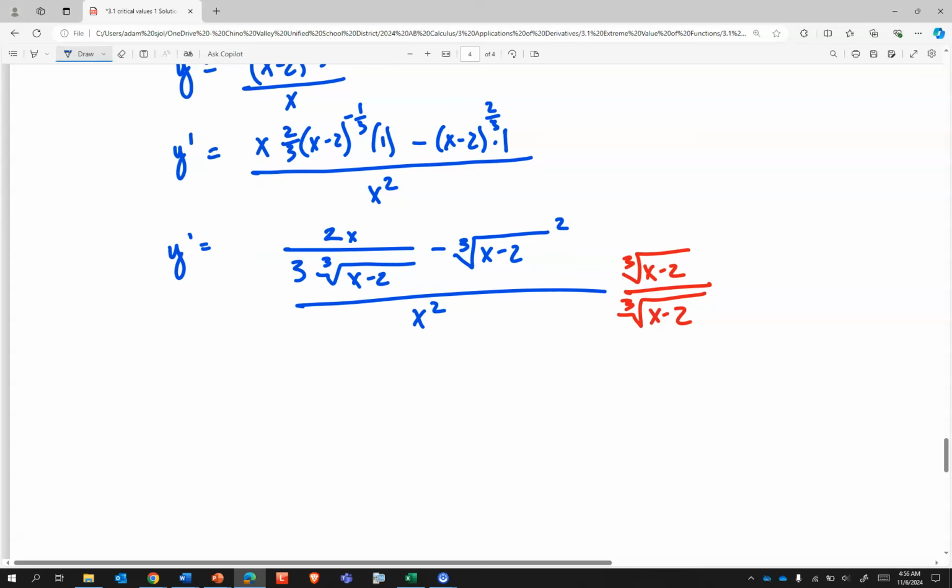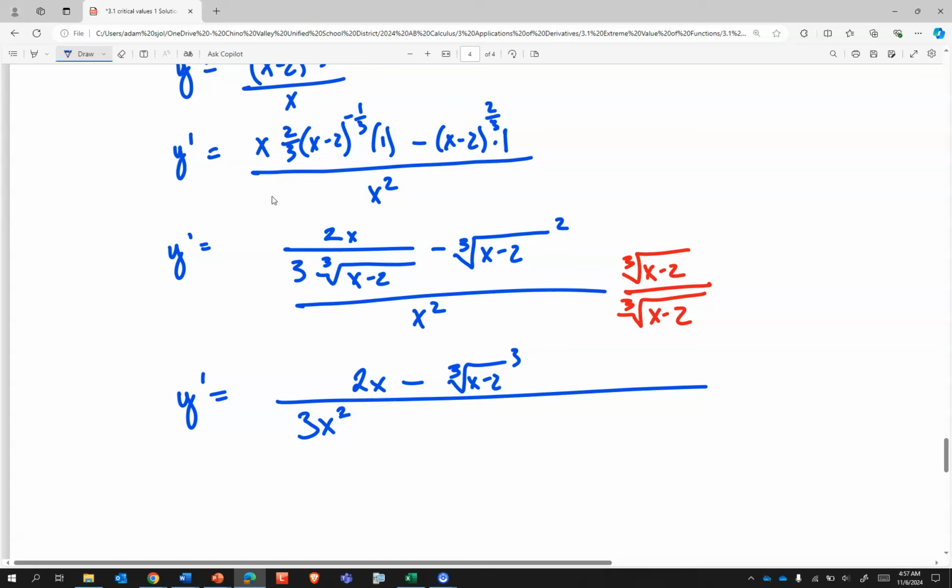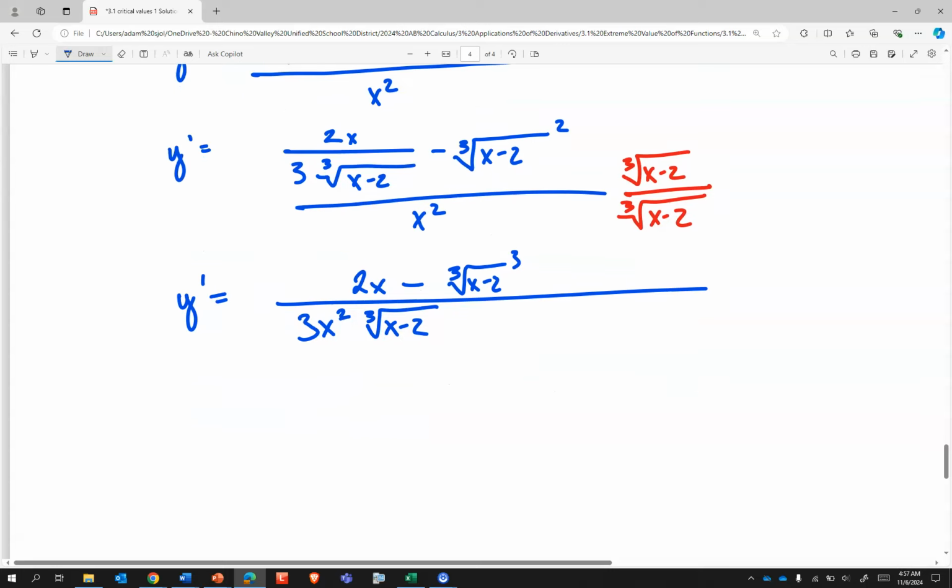Because then, let's see, how am I going to write this? So x squared is going to be down here, and I'm going to move the 3 down to the denominator. And then this first part just ends up being 2x in the numerator minus the cube root of (x minus 2) cubed. And then we have an additional cube root of x minus 2 in the denominator. Okay, that looks pretty good.